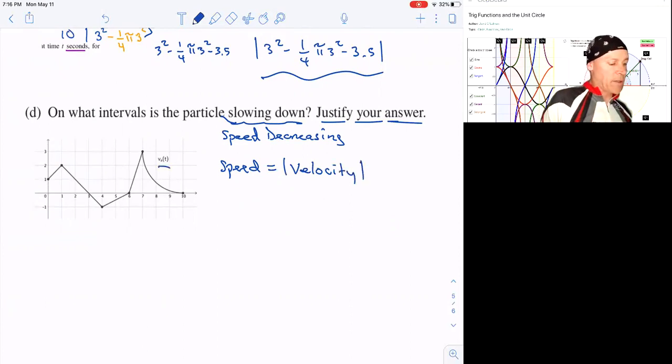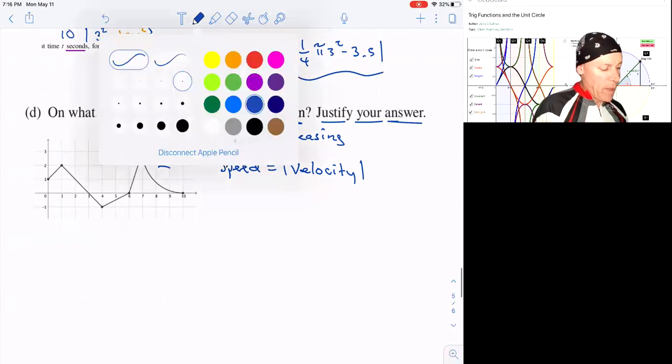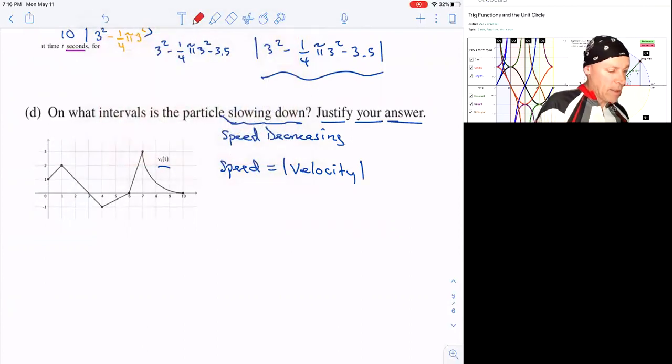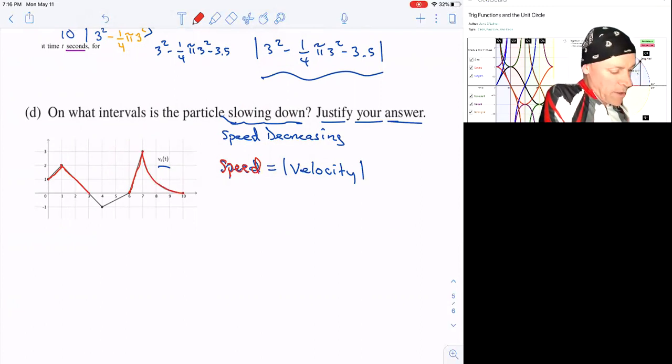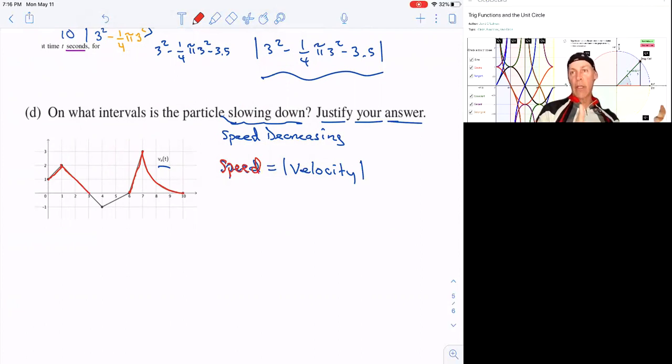Here's our velocity function, right? Well, we can just say, okay, speed, I'm going to do in red here, and I'm just going to say, okay, well, gee, speed is velocity when velocity is positive, right? Okay, so those portions of the velocity where the velocity is positive are also going to be the speed graph.